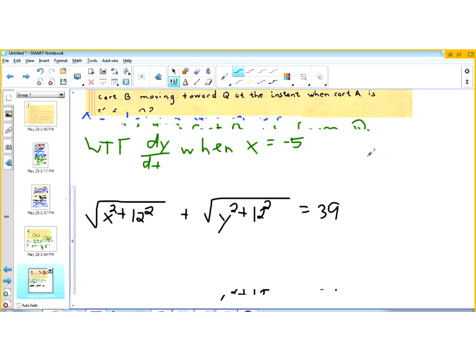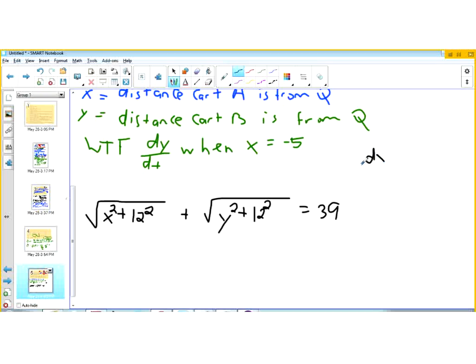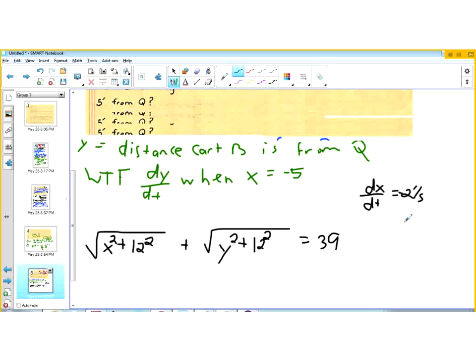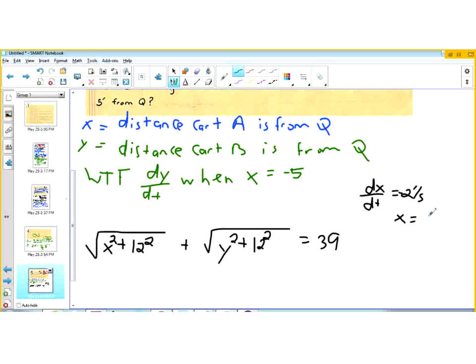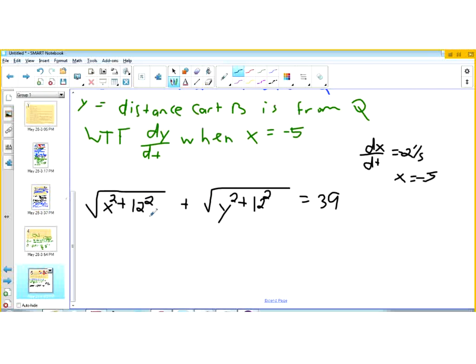We also have dx over dt. dx over dt is -2 feet per second, and we want to find dy over dt when x is -5 feet. So we're given that x is equal to -5.